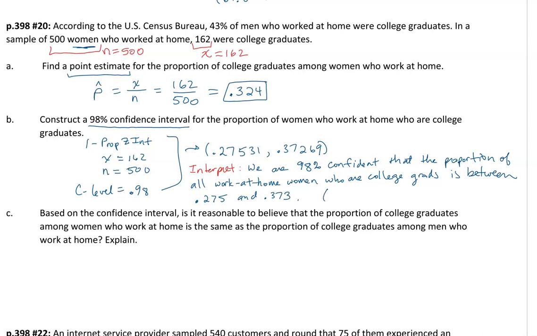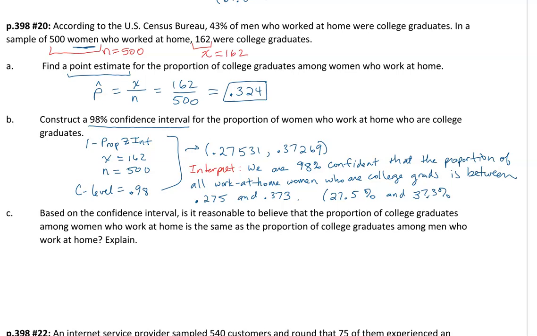And for the purposes of the next part, it might be useful to change those to percents. So 27.5% and 37.3%. I'm okay with either kind of number, and you'll just see what might be in the back of the book for any given problem. Okay, notice the rounding. Always be careful with your rounding.